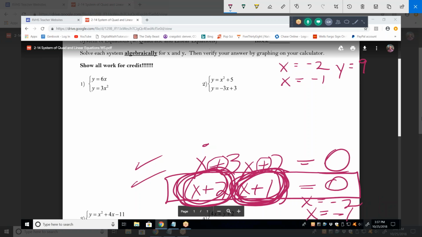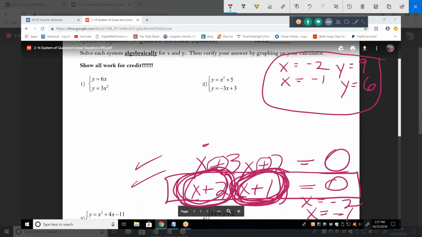My mistake. When x equals -1, what is y? 6. Okay, and that's the complete solution.